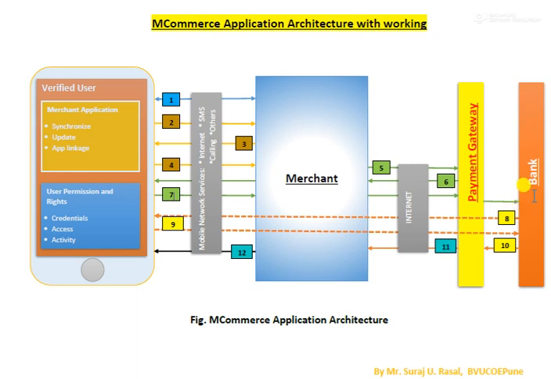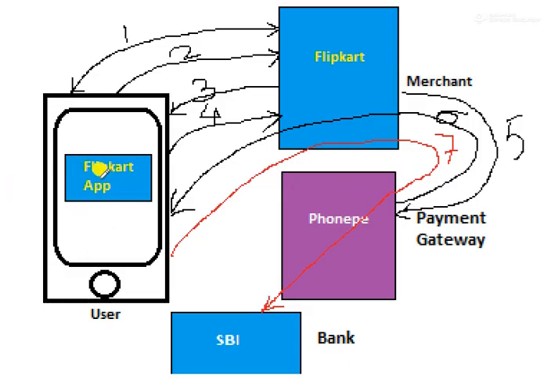In non-technical language, the meaning is that the bank will identify that user: yes, this is the registered user within me, and I am ready to do the financial transaction. Let's say in this example the user wishes to buy a book which costs around 400 rupees.